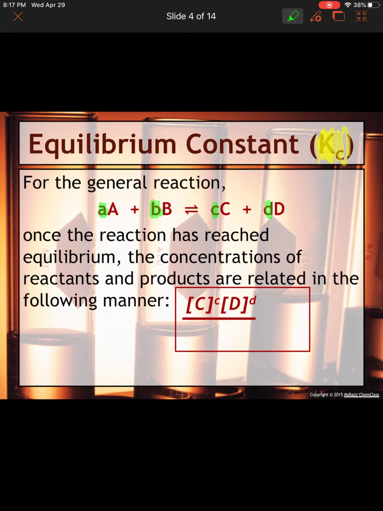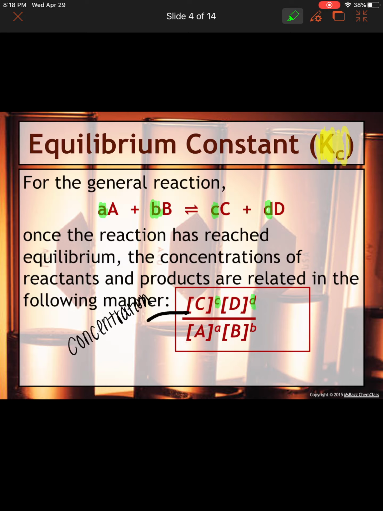You have your products on top, product C times product D, and recall that these brackets stand for concentration. Those brackets mean concentration. So the concentration of product C times the concentration of product D, each raised to an exponent, which is the coefficient in your balanced chemical reaction.